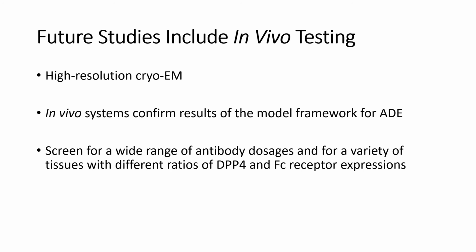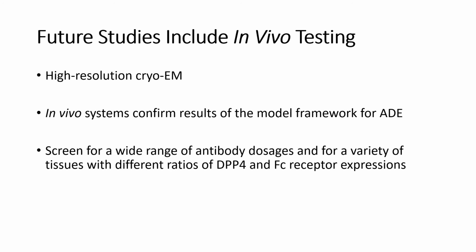The researchers wanted to run a high-resolution cryo-EM of the structure of the MERS-CoV ectodomain trimer complexed with the MERS monoclonal antibody to provide that detailed structural information for the MERS monoclonal antibody 1 triggered conformational changes. So that was step 1 of their future studies.